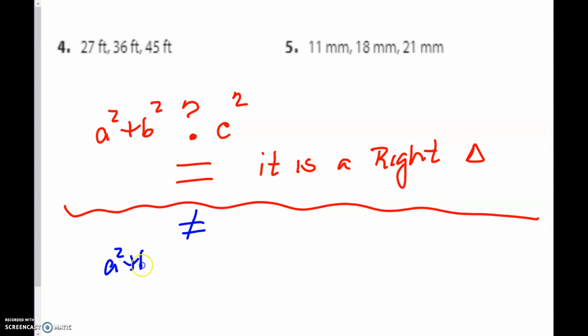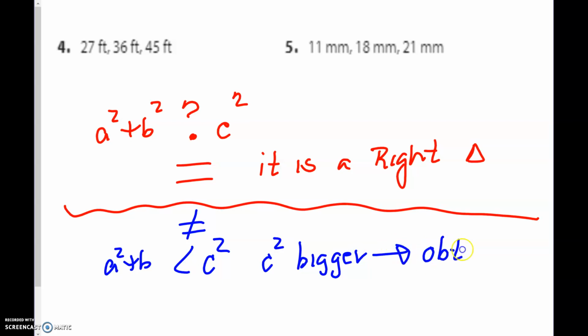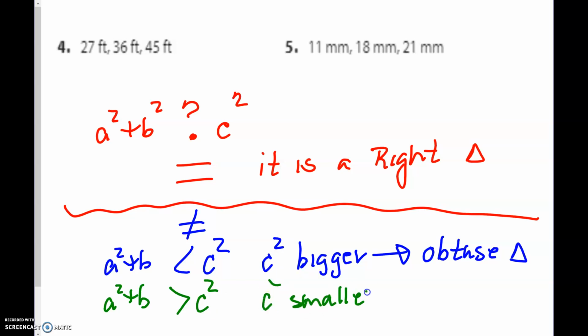Is c squared bigger than a squared plus b squared? If c squared is bigger, then we have an obtuse triangle. If c squared is smaller, then we can conclude that we have an acute triangle.